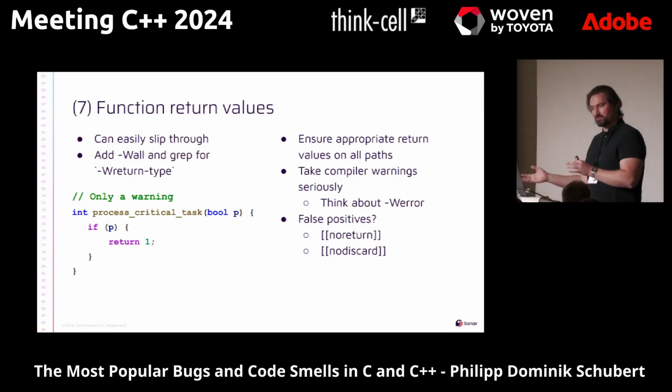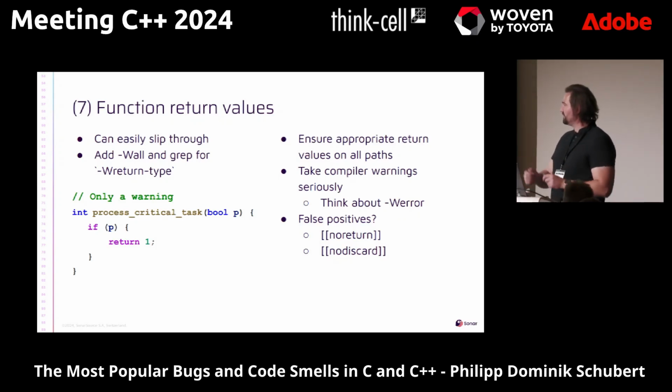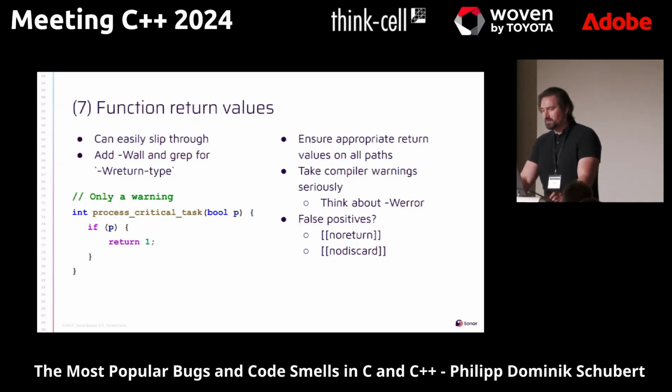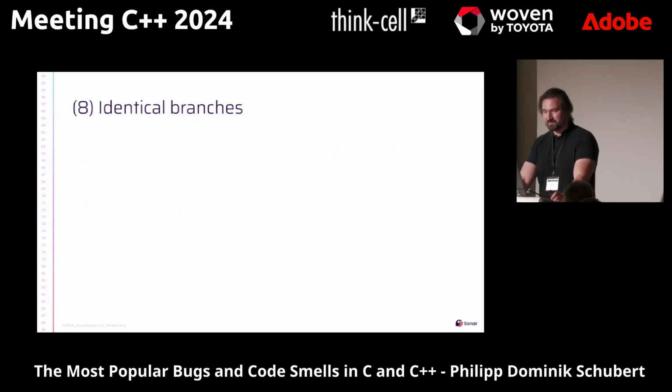It doesn't return, maybe it crashes after having issued some warnings. That is typically one use case of this noreturn keyword or annotation. Also use nodiscard. So what I'm saying is communicate with your compiler. That really helps very much.